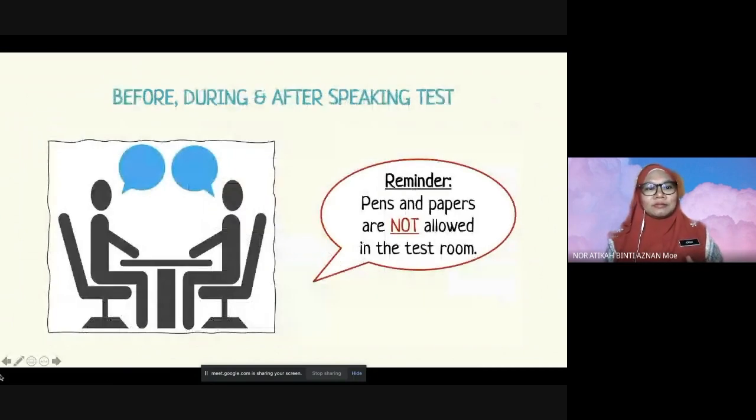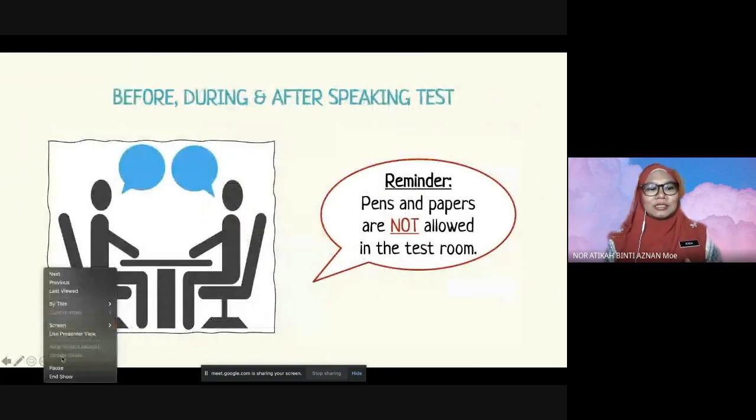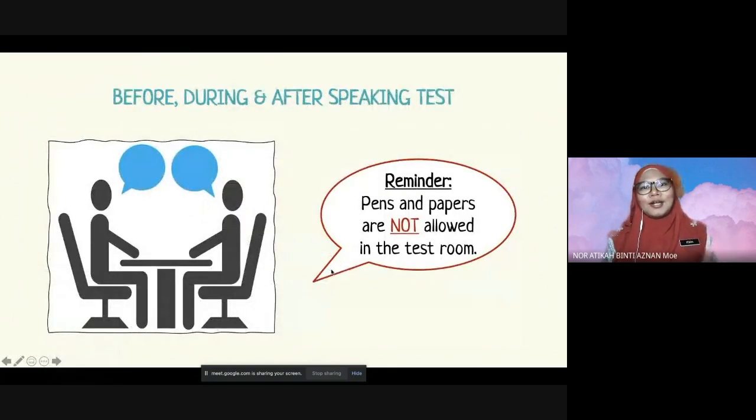And next one, okay, this is interesting. Before, during, and after the speaking test, no pen and papers are allowed in the test room. You can bring nothing. Everything will be prepared in the room.